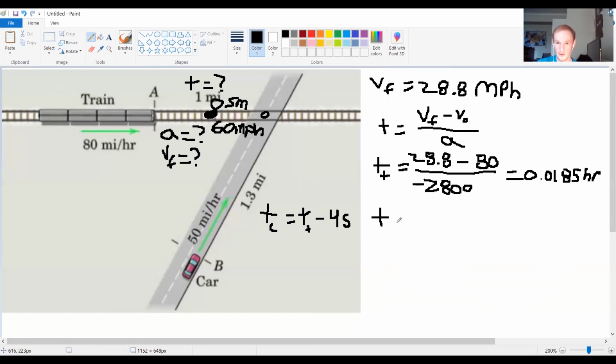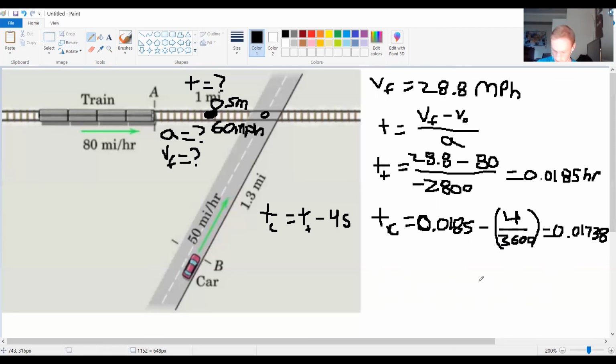So instead of T train, we're finding T car, and that is equal to 0.0185 minus 4 seconds, but we're going to do 4 over 3600 just to convert it to hours to make everything easier. If you plug both of those in, the time for the car is equal to 0.01738.